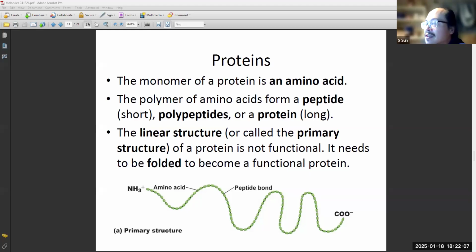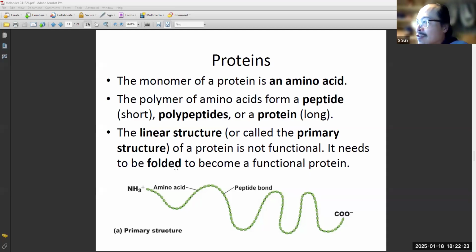When they're put together, it's a linear structure. It's also called primary structure. Our body needs to fold it, knit it, to form a functional piece.